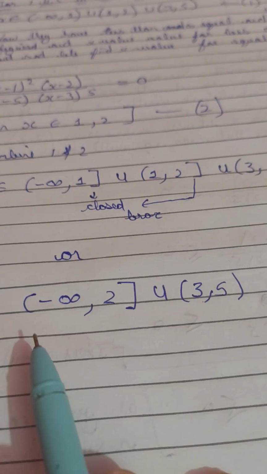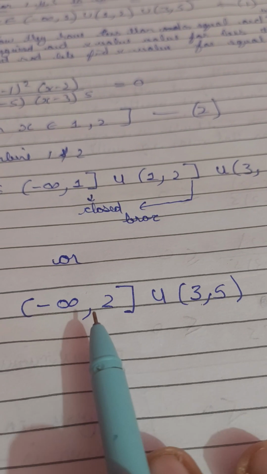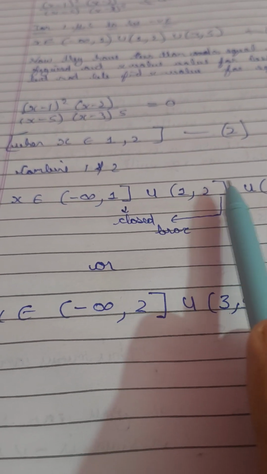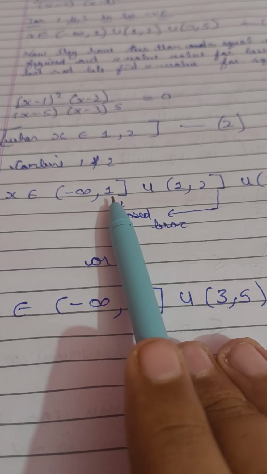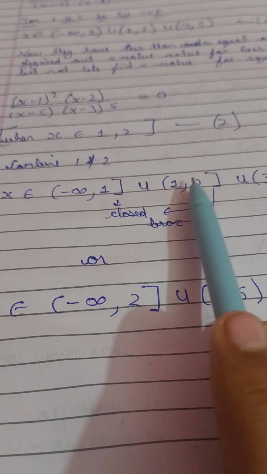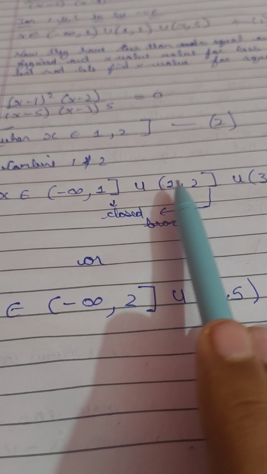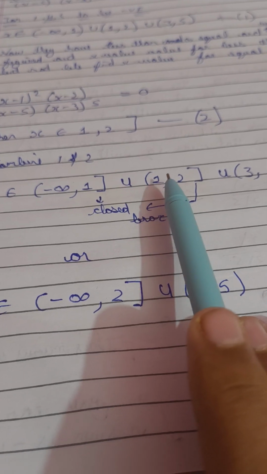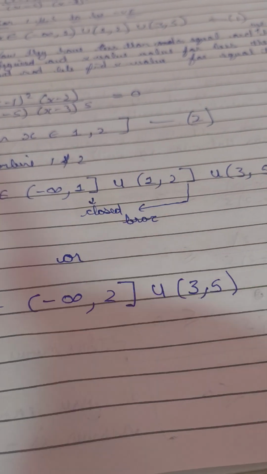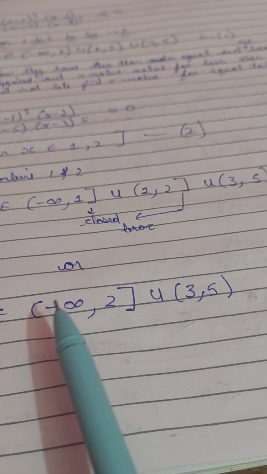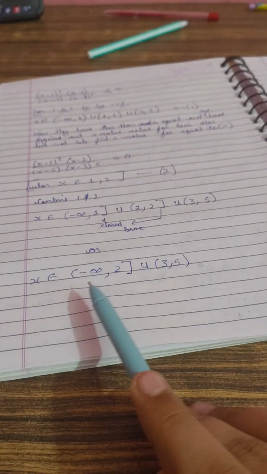So you can write it out like this, minus infinity to 2, because all the numbers between minus infinity and 2 are getting counted, because 1 is there which is getting counted, and here, as you can see, there are open brackets, which means the numbers between 1 and 2 are getting counted. That means 1.1 is also counted, only 1 is not counted, and that is counted right here. So you can write it like that and put a union here, and that's the whole answer.